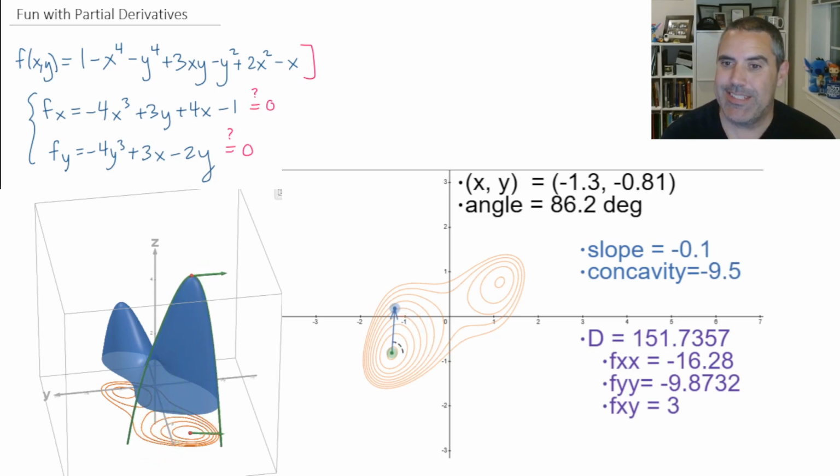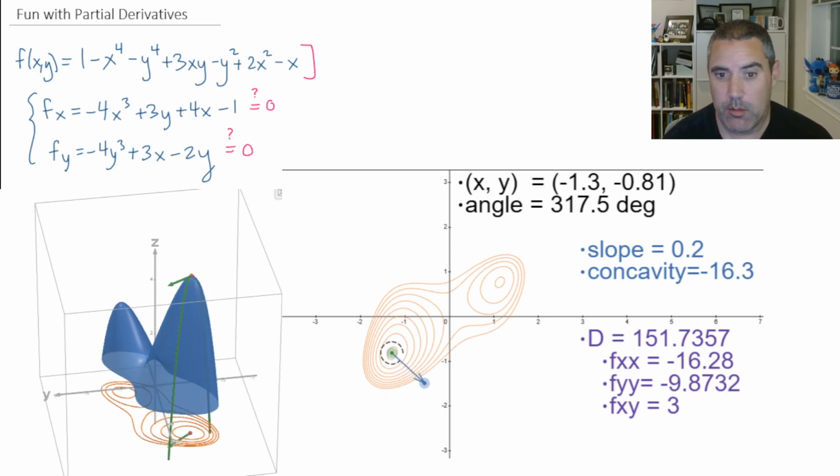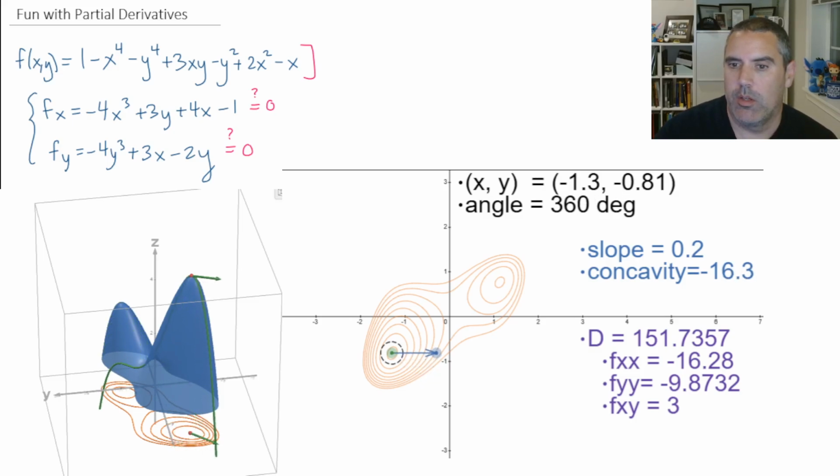Let's also look at what the D value is. Notice the D value is actually positive in the second derivative test, but notice the mixed partials are both negative. So if the D value is positive and the mixed partials are both negative, it means you're concave down in all directions. Again, I'll explain that in a proof of the second derivative test. If you're interested, let me know. But that's basically what's happening. So there's a little signature of that.